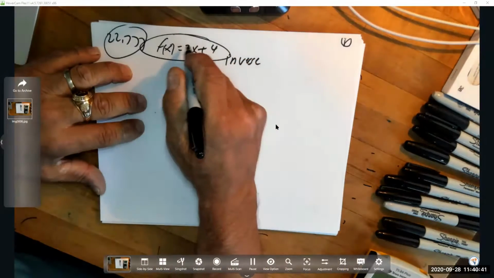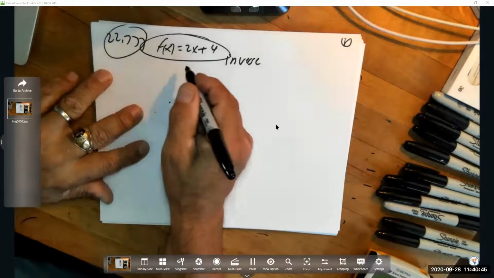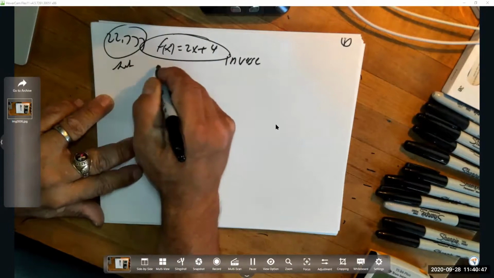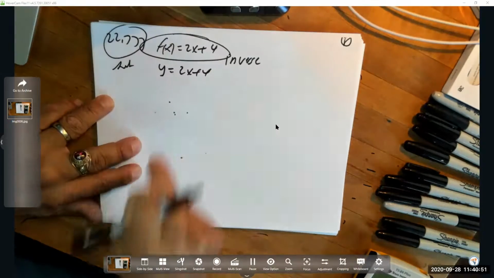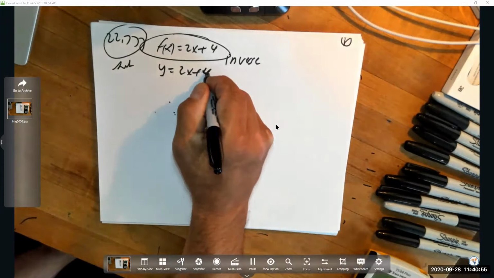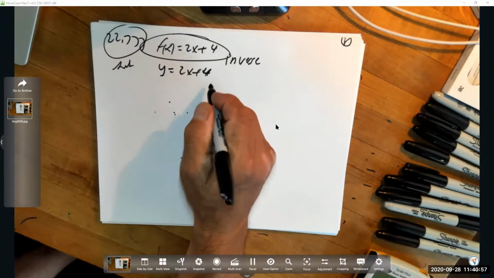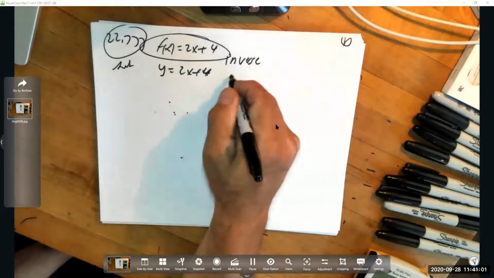This is a graph, you know what the numbers are in, but inverse just reverses everything. I'll tell you how that works. The way you do that, you go like this. You set y equals 2x plus 4. Same problem, instead of f of x, you write y equals 2x plus 4. Okay. Second step, you inverse the letters.